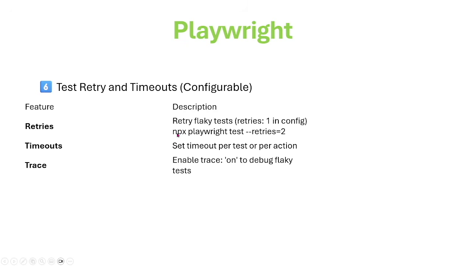I will use this command to run a test with retry 2 times. Timeout: you can set timeout per test or per action. I set it per test. Trace: enable trace on to debug flaky tests.